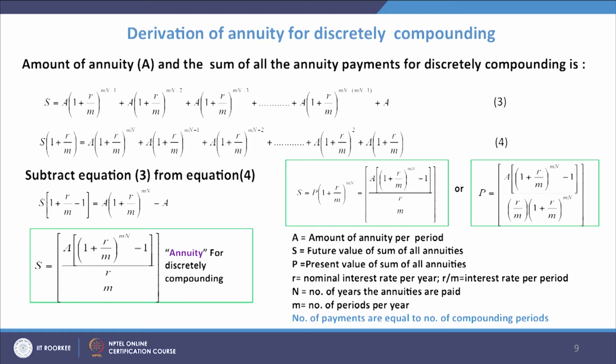So, this is the present value of the annuities when compounding is discrete.